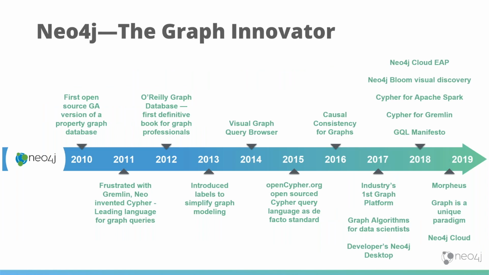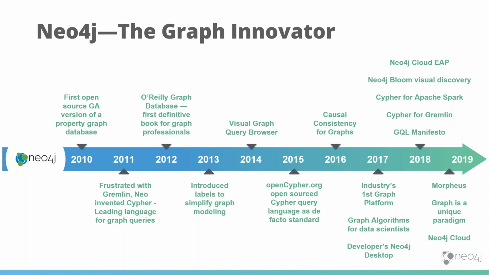The innovations that we've come up with recently, if you look between the 2017 to end of 2018 timeframe, areas where we are investing is, as I just mentioned, rolling the first Graph platform. We also added Graph algorithms to the environment. We added Neo4j Desktop. I'll talk about that in a second.